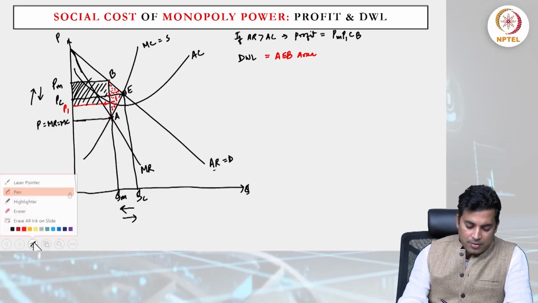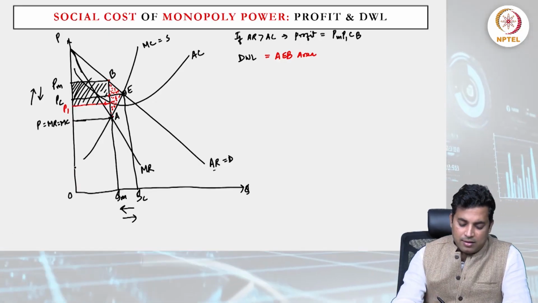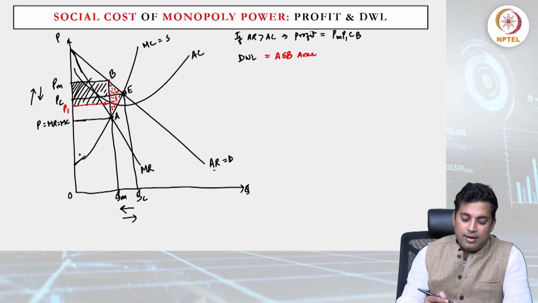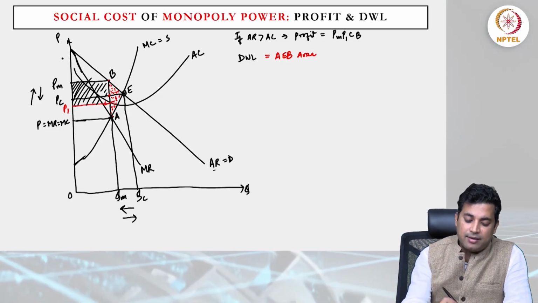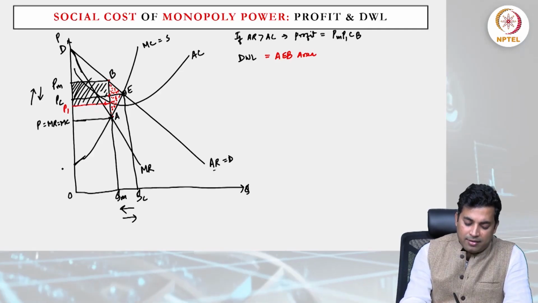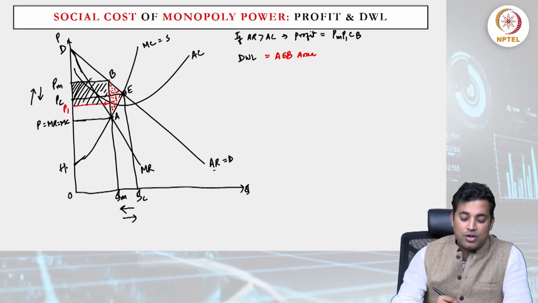Now let us have a little more explanation here from the consumer surplus and producer surplus. Say this one is the demand here, and this one the supply.